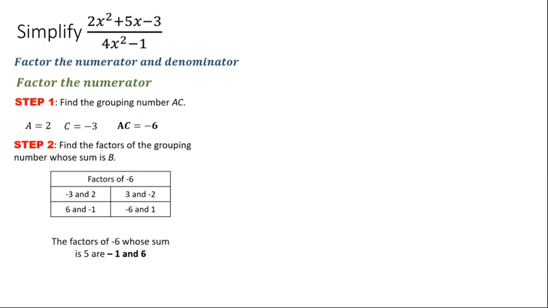negative 1, and 6. And after that, we'll use these factors, okay, negative 1 and 6, to write bx as the sum of two terms. And dito, yung ating variable na middle term ay x lamang. So, x lang din ang idudugtong natin kay negative 1 and 6.